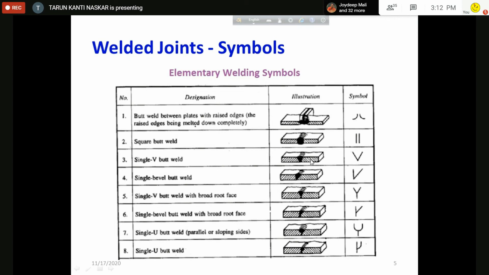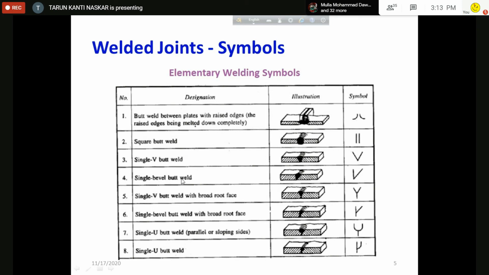They are placed face to face as a butt joint, and a V groove is formed in this manner, and the welding is done here. That means the input material is put there in molten form, and its symbol is this.